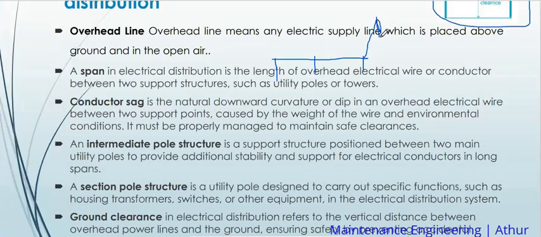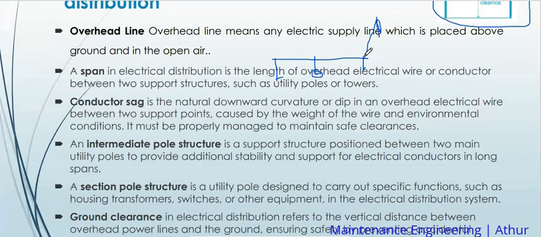When I talk about an intermediate pole structure, I mean a pole that is here at the center, whereby the conductors pass at the top without any angle. That means that even if they remove this intermediate pole, the power line continues, but the sag increases. It almost touches the ground, but the power line does not fall.